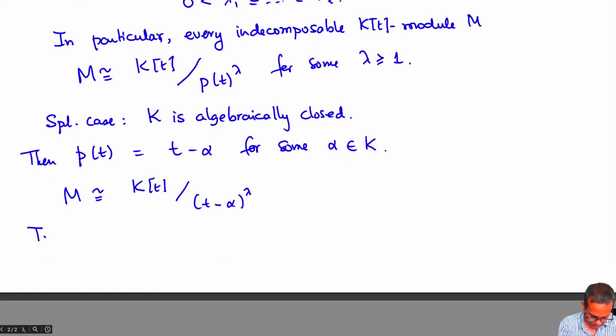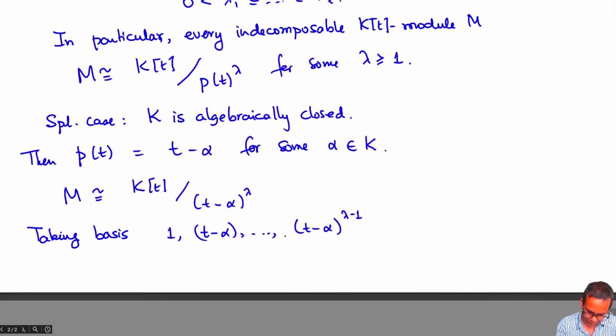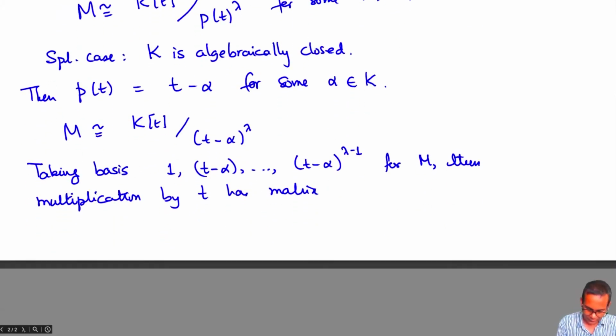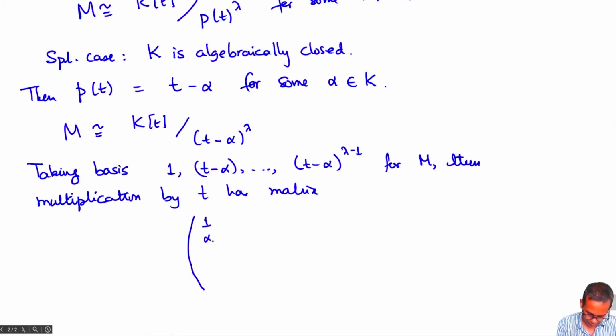Now if you take a basis 1, t minus alpha, up to (t minus alpha) to the power lambda minus 1 for M, then multiplication by t has matrix given by, no, I think I got this wrong, it's alpha 1 0 0, alpha 1 0 0.